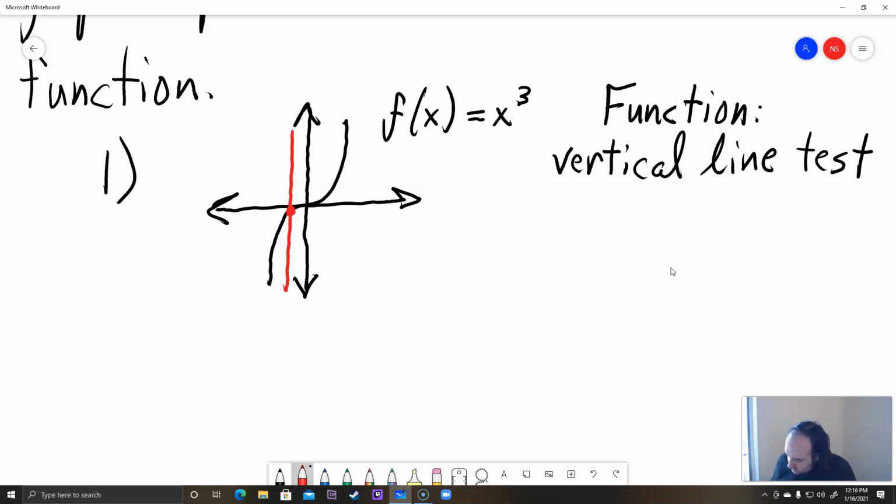And if I draw a vertical line over here on the right side, once again, it only intersects the graph at 1 point. So the vertical line test says no vertical line intersects the graph at more than 1 point.